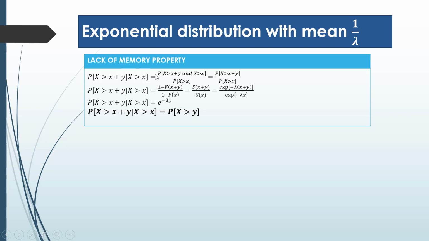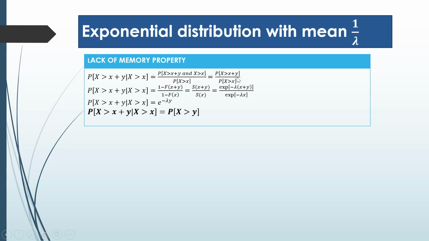So we are going to use the conditional probability formula. That's the probability that X is greater than x plus y and X is greater than x, over the probability that X is greater than x. And the numerator is just simplified as the probability that X is greater than x plus y.